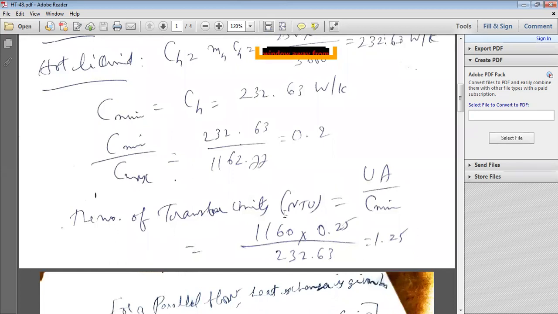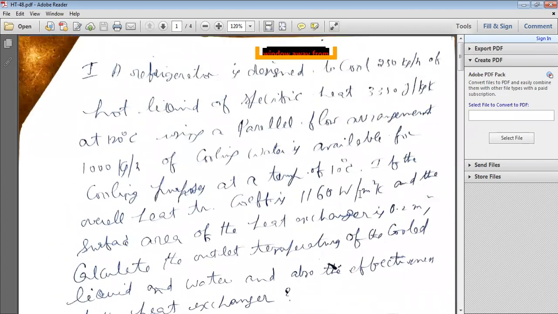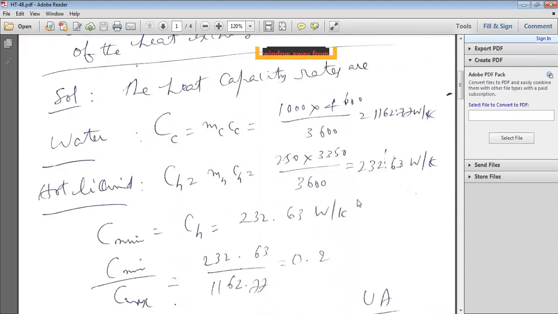Therefore, the number of transfer units, NTU, how do you calculate? In the last class I have given, U into A divided by C minimum. Overall heat transfer coefficient, area divided by capital C minimum. The overall heat transfer coefficient in the problem is given as 1160 watt per meter square Kelvin. Units of overall heat transfer coefficient are the same as those of the convective heat transfer coefficient.